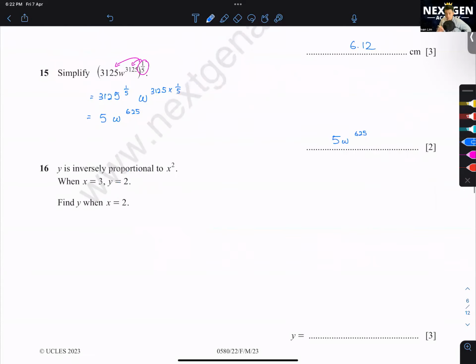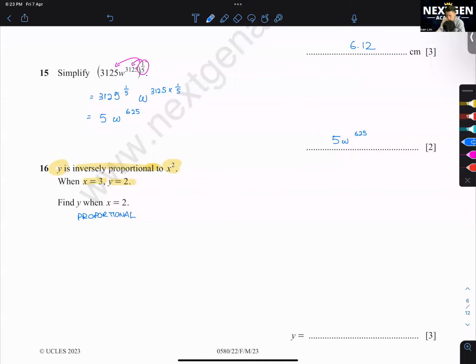Okay, question 6. Y is inversely proportional to x squared. When x is 3, y is equal to 2. Find y when x is equal to 2. So this is a proportional question. You can either get inversely or directly proportional.